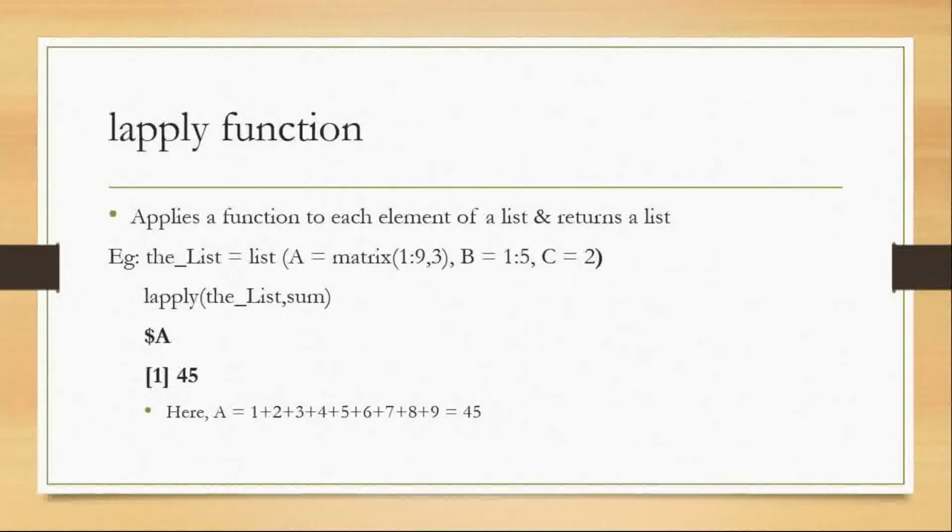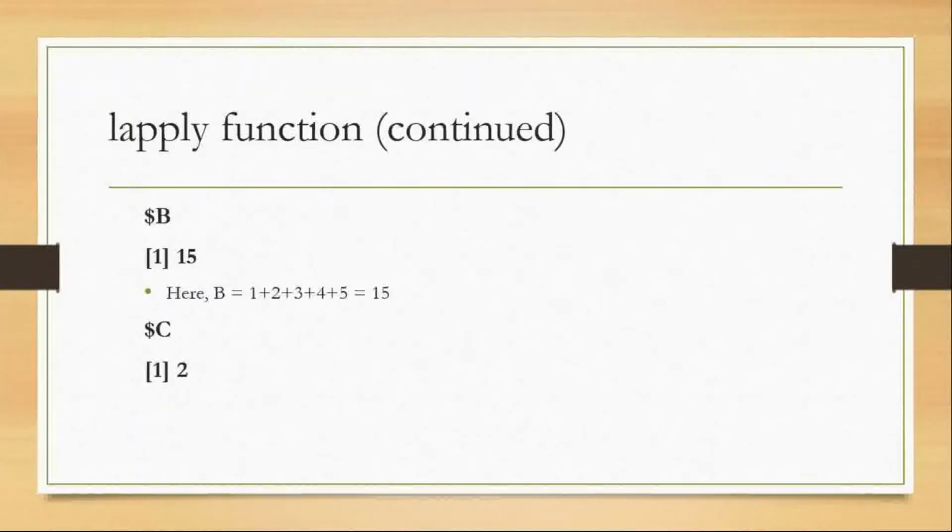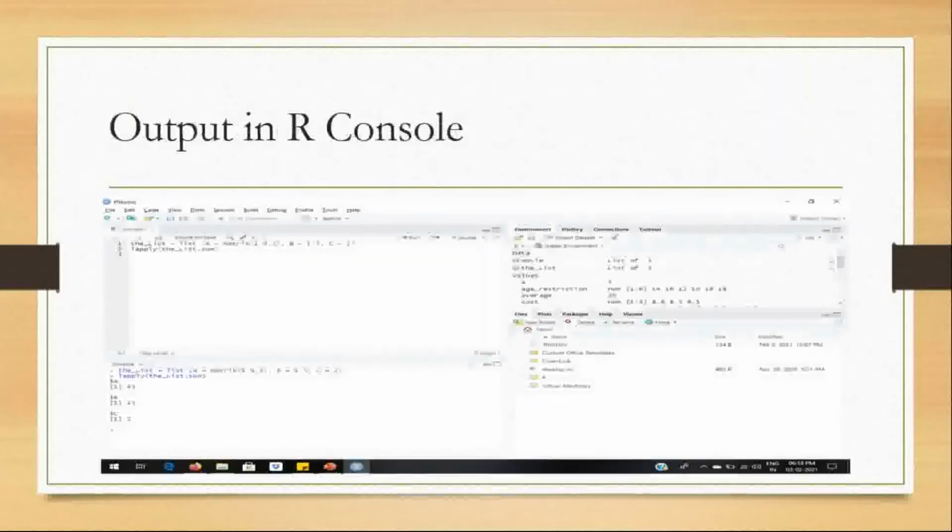So the sum of values from 1 to 9 is 45. Similarly, the sum function is applied to the other variables b and c too. The sum of 1 to 5 is 15, and for c there is only one value, and hence the sum is 2.